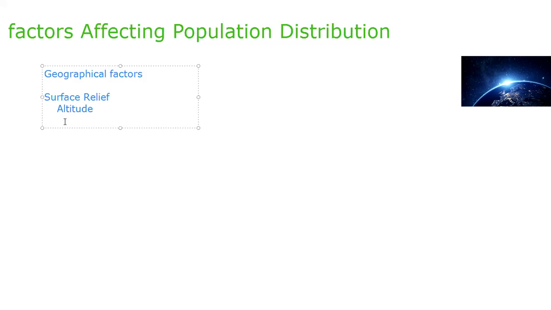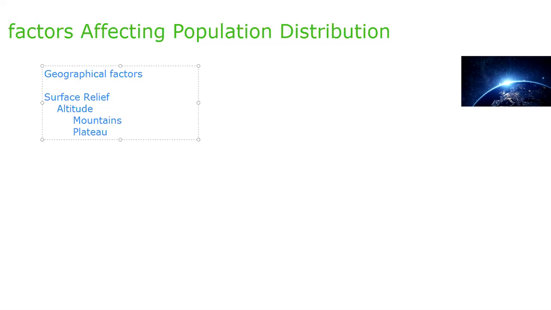So altitude is a factor, and according to altitude, there are mountains. Mountains are not generally favored by people to build their houses because of its altitude and because of the unfriendly land in a mountain.